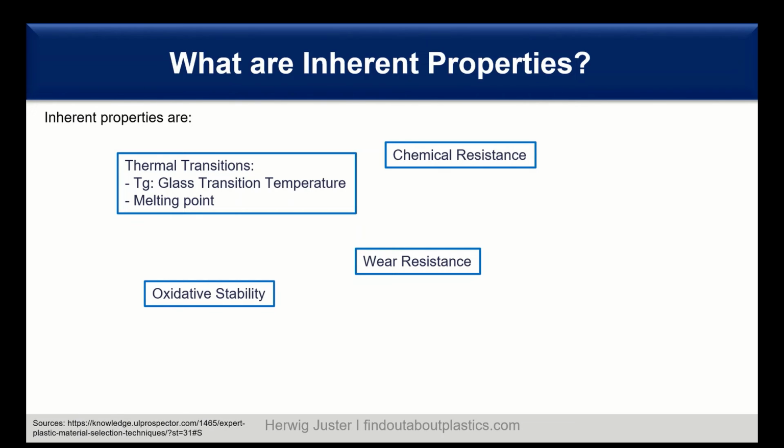Similar to oxidative stability is the wear resistance. So here is also an inherent property that, for example, semi-crystalline thermoplastics behave better in terms of wear resistance than amorphous. And it's also only so much you can do with the design, and here the material is not properly chosen. The best design is also not helping then.